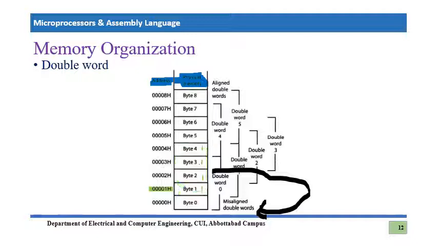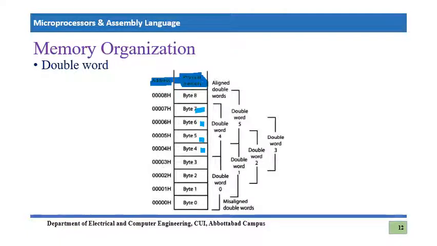Let's take another example, and this time an example of aligned words. Let's talk about this word, byte 4, byte 5, byte 6. Is it a double word? Yes, these are 4 memory locations, so it is a double word: 4 different bytes or 32 bits of information.